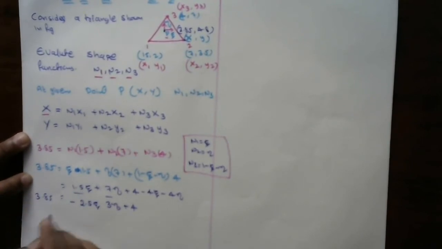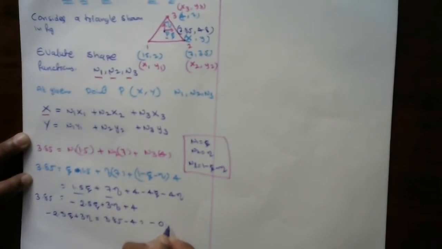If you send this 4 to the other side, it is possible to write minus 2.5 times zeta plus 3 eta equals 3.85 minus 4, and this is written as minus 0.15.